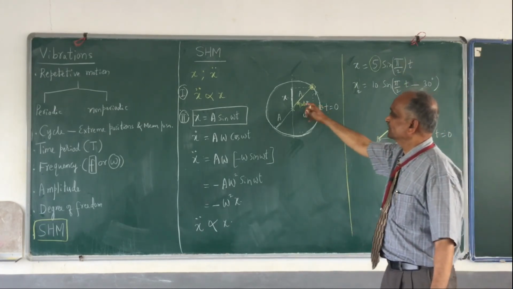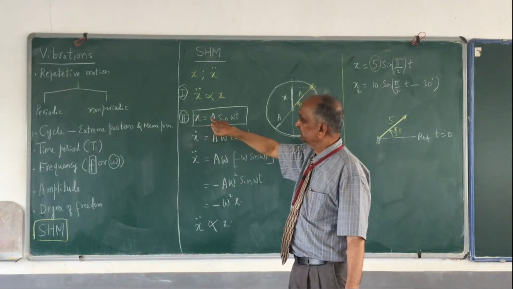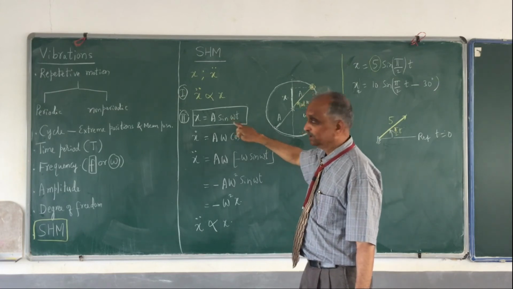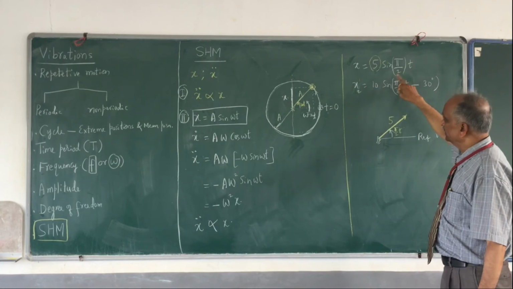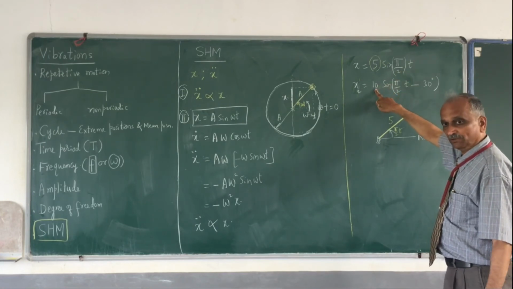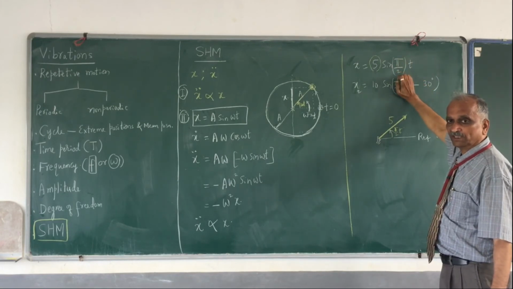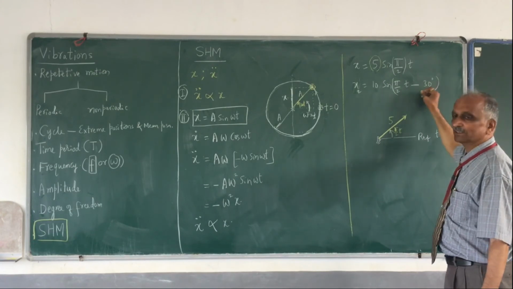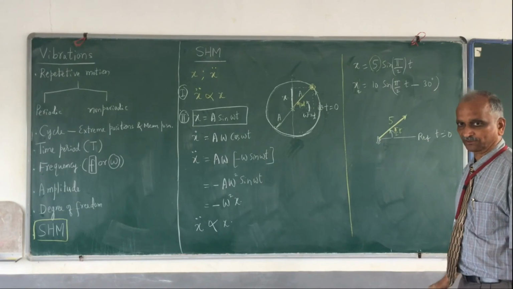This omega is called the frequency in simple harmonic motion: x is the simple harmonic motion, a is the amplitude, omega is the frequency. Here 5 amplitude, pi by 2 frequency; 10 amplitude, pi by 2 frequency. The frequencies are one and the same. The only difference is this minus 30 degrees, which is called the phase difference.